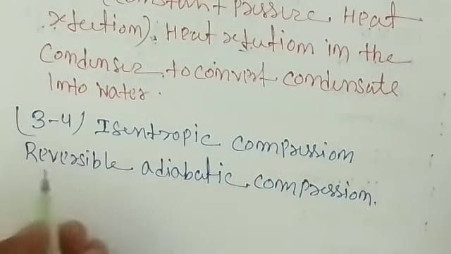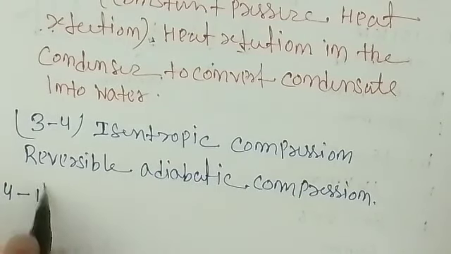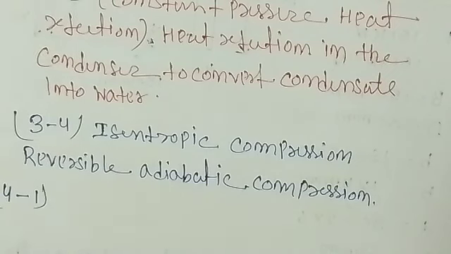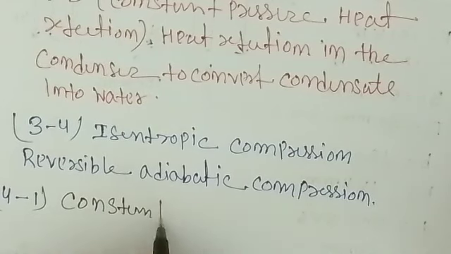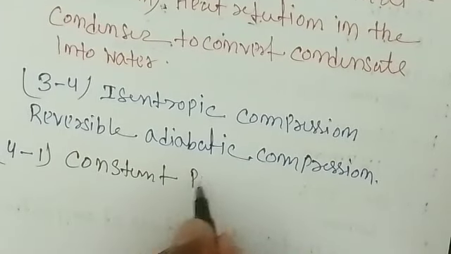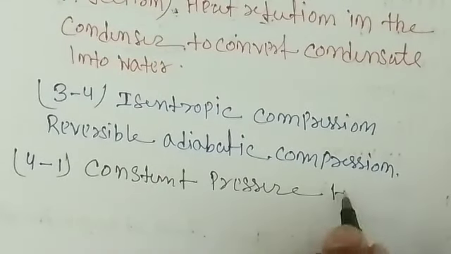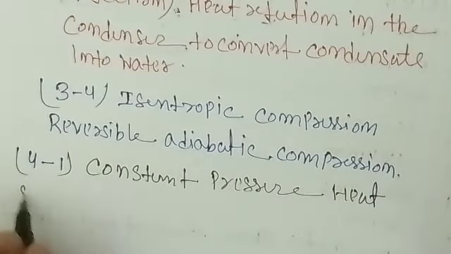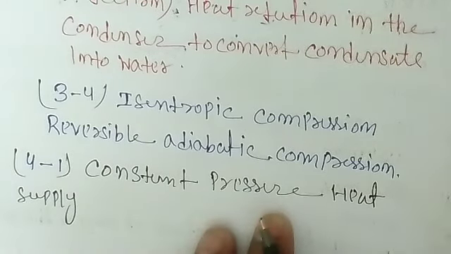And then finally 4 to 1. What is 4 to 1? Again you have to supply the heat in the boiler to get steam at constant pressure. You can say 4 to 1 is constant pressure heat addition or heat supplied, where you are supplying heat to convert water into steam, okay?